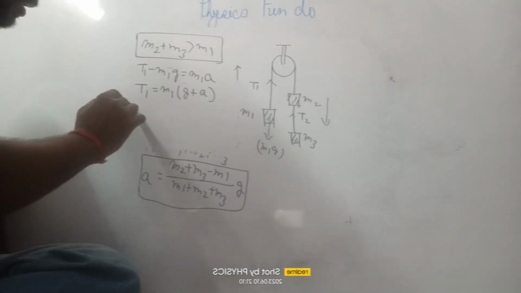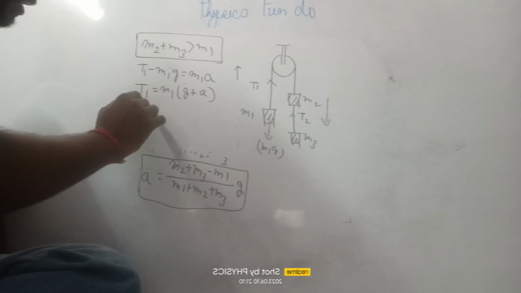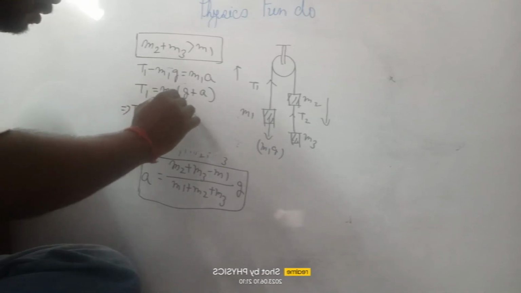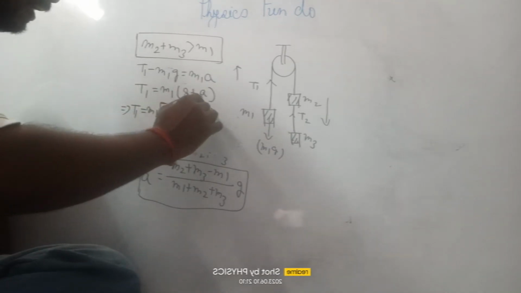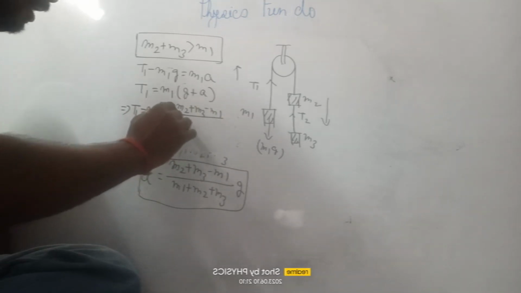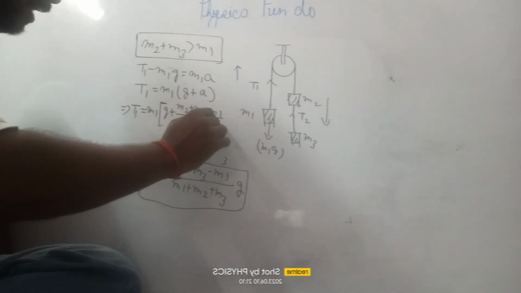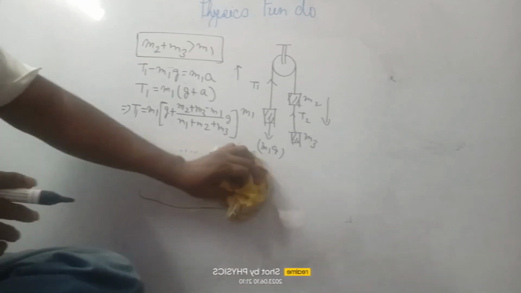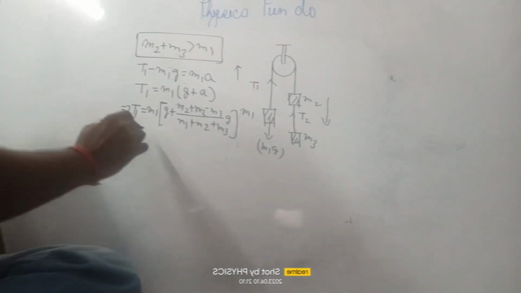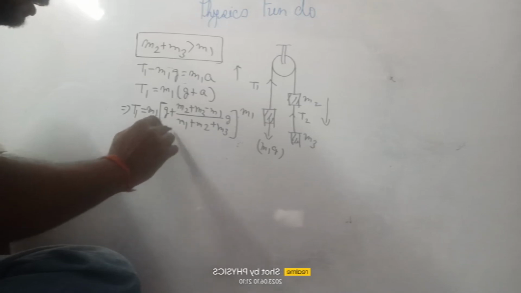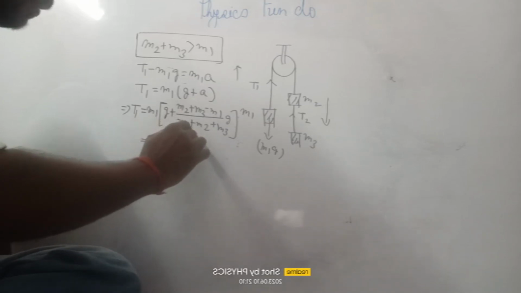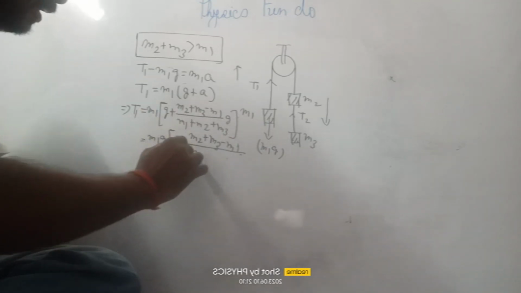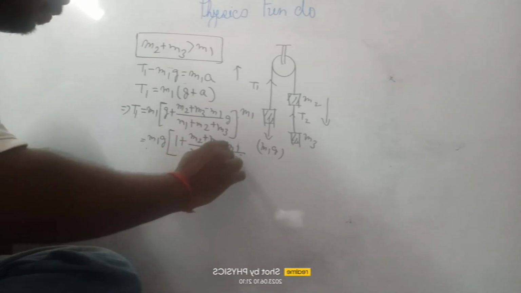Now T1 is equal to m1 into g plus (m2 plus m3 minus m1) by (m1 plus m2 plus m3) into g. So we have m1g into 1 plus (m2 plus m3 minus m1) by (m1 plus m2 plus m3).